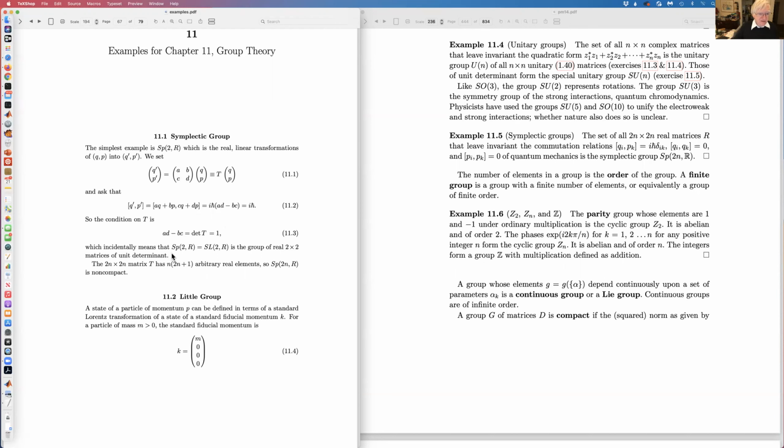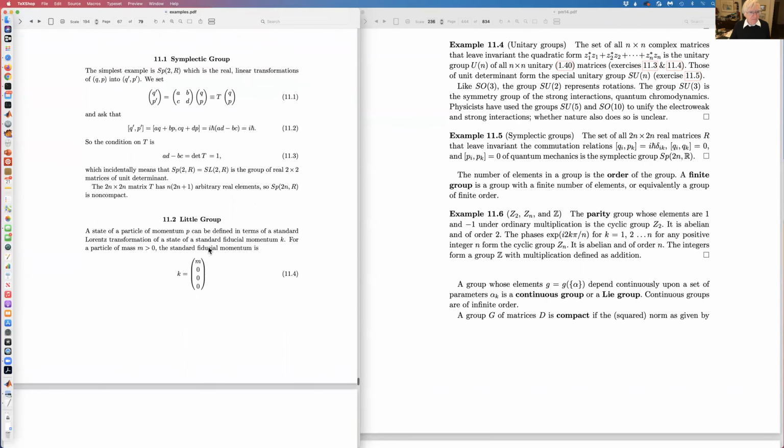Incidentally, that means that Sp(2,R) is the same group as SL(2,R), which is real linear 2x2 matrices that have determinant 1. It turns out, and you can verify this by looking in the section on the symplectic group later on in chapter 11, that the 2n by 2n matrix T has n times 2n plus 1 arbitrary real elements.